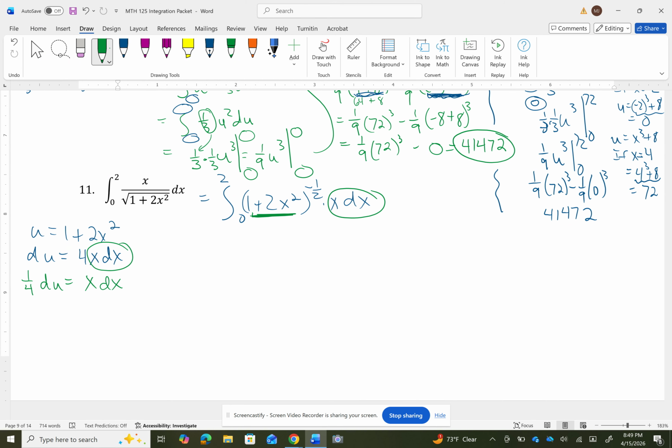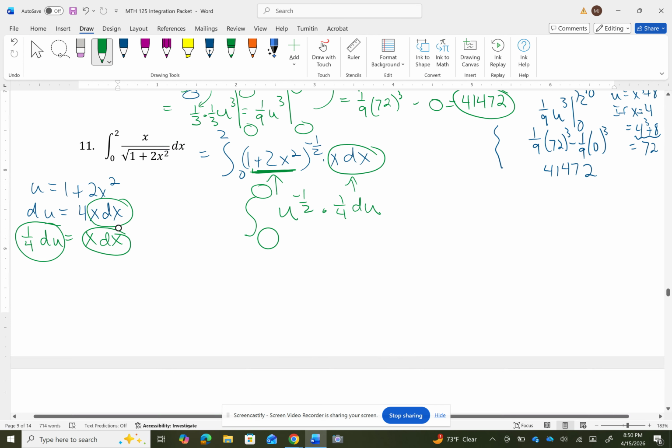All right, so x dx I can replace with 1/4 du. The 1 plus 2x squared is the u. And then here's where, if you wanted to, you could leave these open, or you could figure out what they are in terms of u at some point. It's really just up to you.